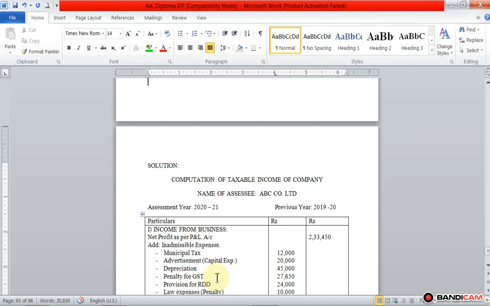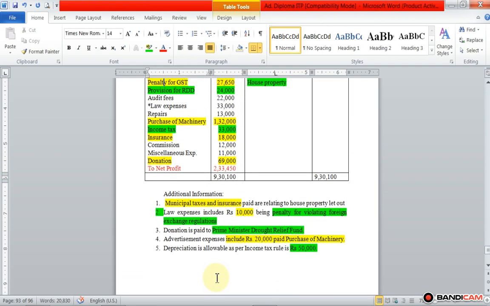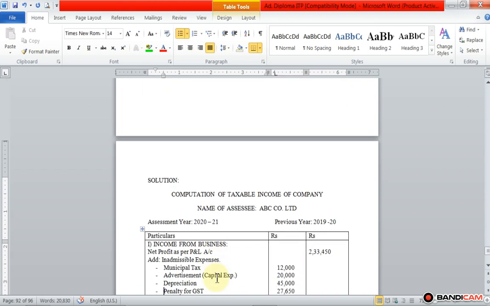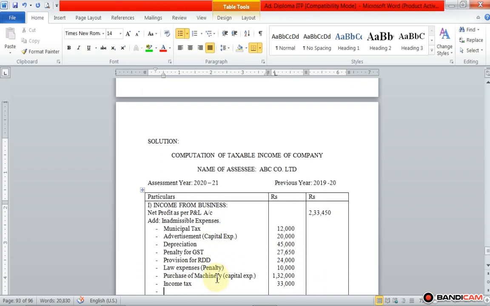Then insurance is relating to the insurance, and municipal tax is relating to the house property. So insurance is an expense of house property, so it is disallowed. Okay, so insurance is relating to the house property, amounted rupees 18,000.